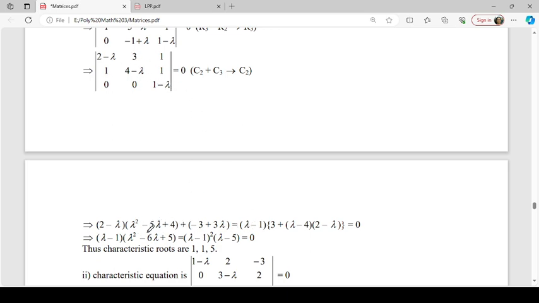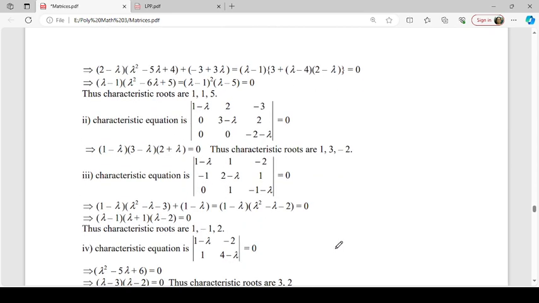After expansion we get this equation, and we factorize it. So lambda minus 1 whole square into lambda minus 5. So the roots are: two repeated roots, 1 and 1, and then 5. So these are the characteristic roots or eigenvalues.